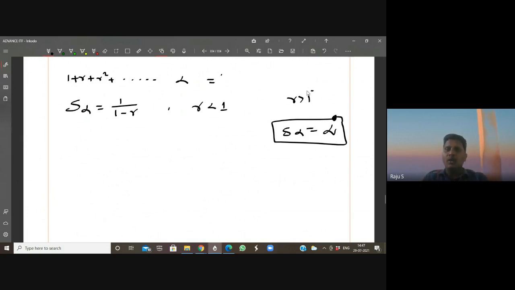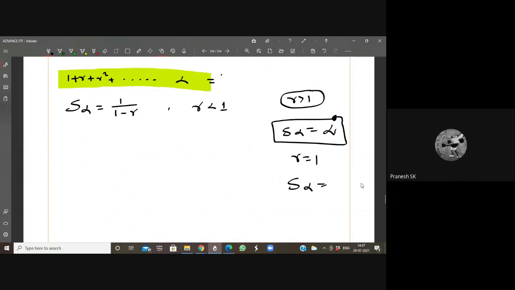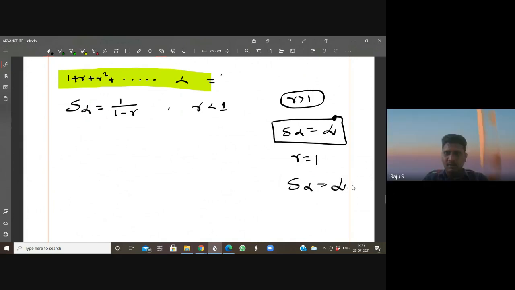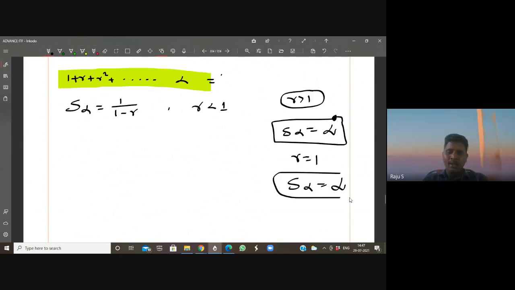When R is greater than 1, it is infinity. When R is equal to 1, what is S infinity? Take R is equal to 1 here. The sum of this infinite series becomes what? 1 by 0, sir. So it is nothing but infinity alone. The sum is not finite, it is infinite.